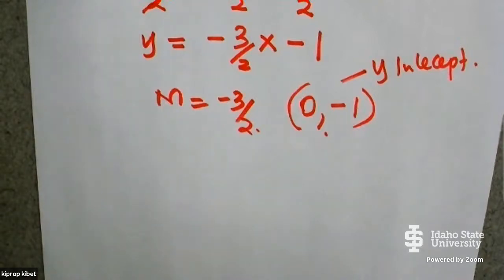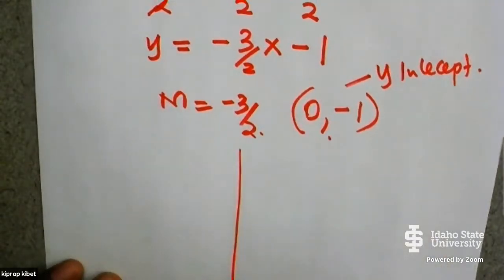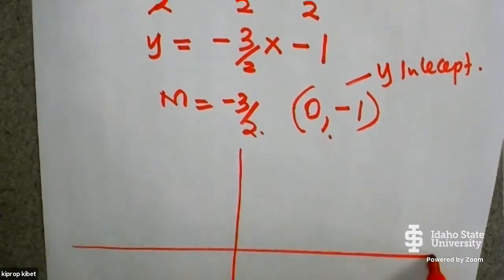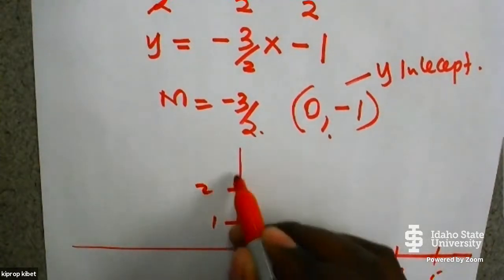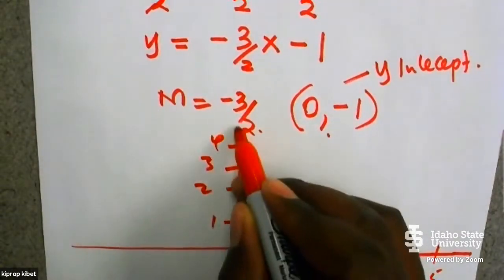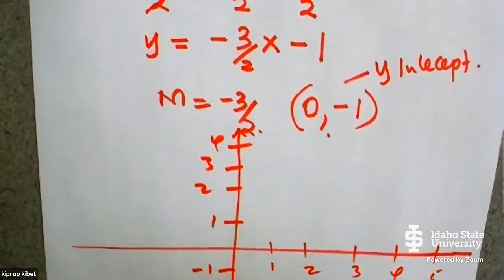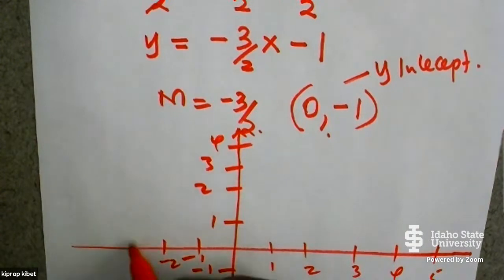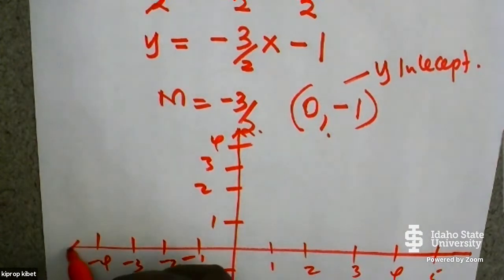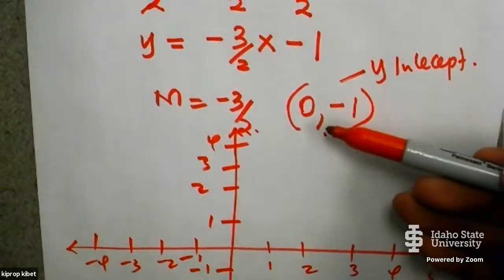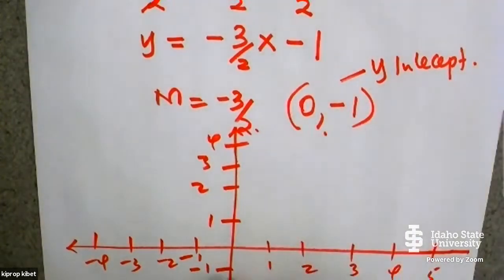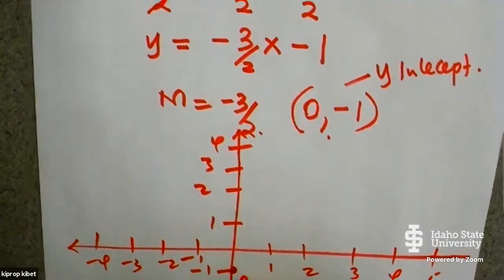Now we can graph. So 1, 2, 3, 4, 5. 1, 2, 3. So our point is 0 and -1. So it is here.